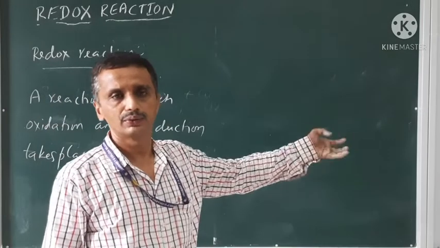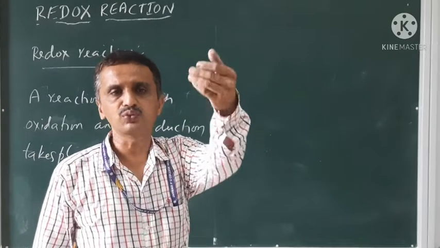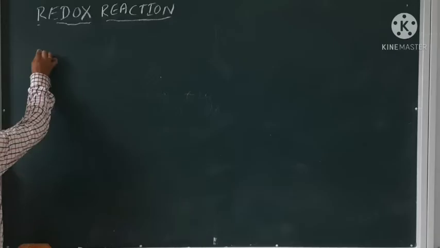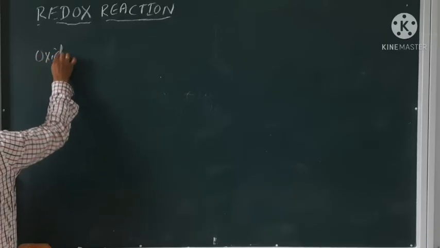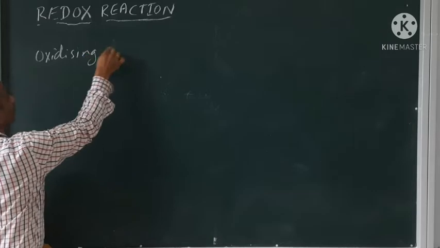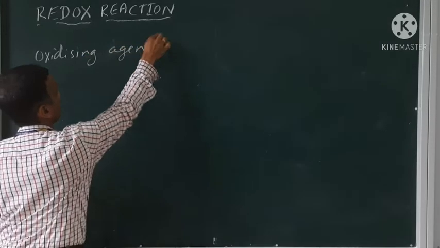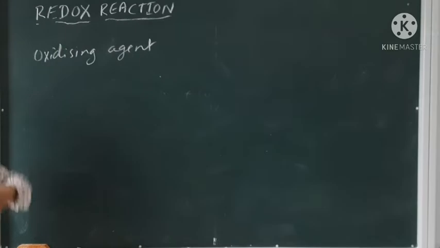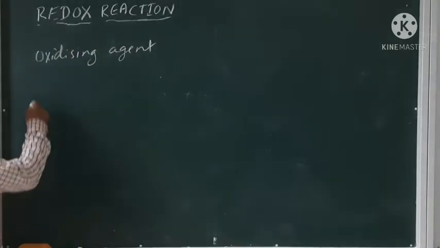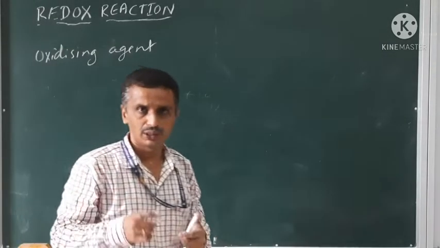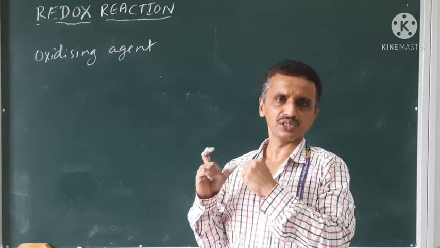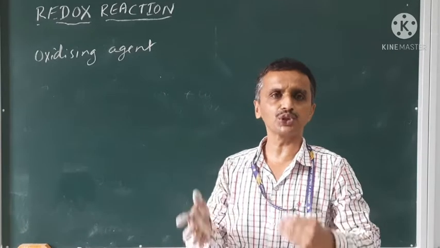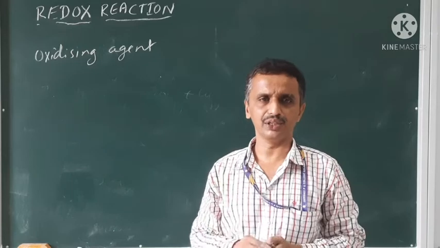Example already gave. When I explain further, we get further examples also. Next is oxidizing agent and the reducing agent. What do you mean by an oxidizing agent? See, if a substance is in the position to help in the oxidation process, they are all oxidizing agents.